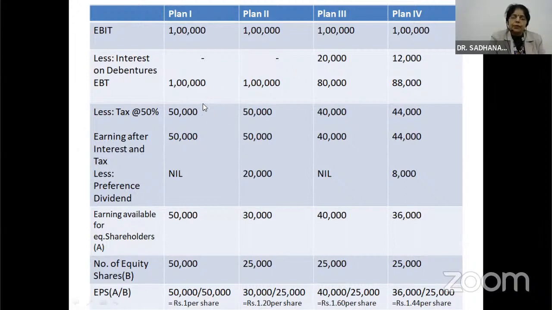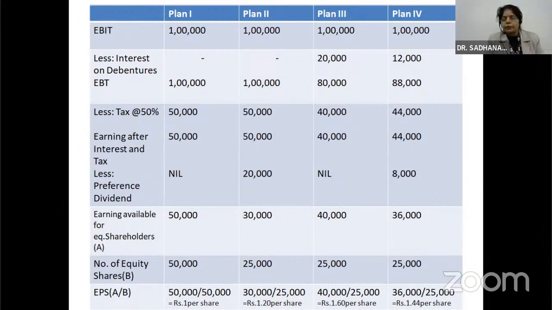It means 50,000 is deducted from 1 lakh, then comes 50,000 in plan 2. 50,000 is also the tax amount, deducted from 1 lakh. It comes 50,000. And in plan 3, 50% of 80,000 is 40,000 and it comes 40,000 as earning after interest and tax.